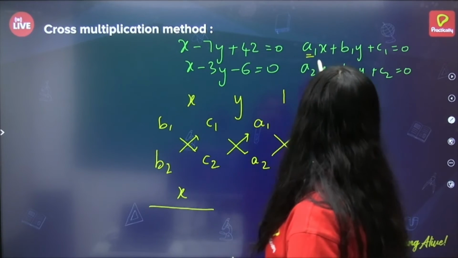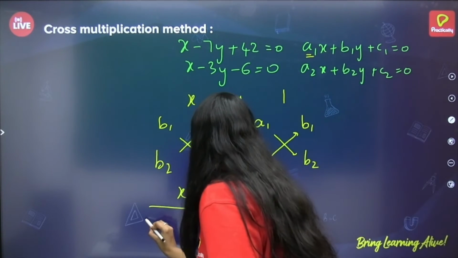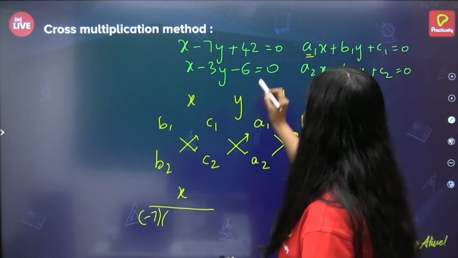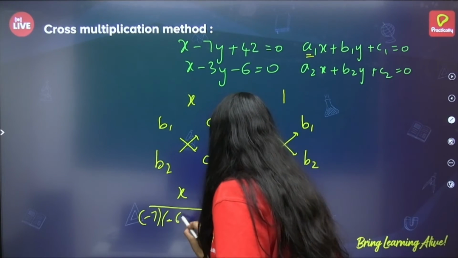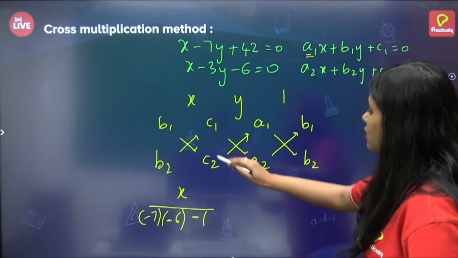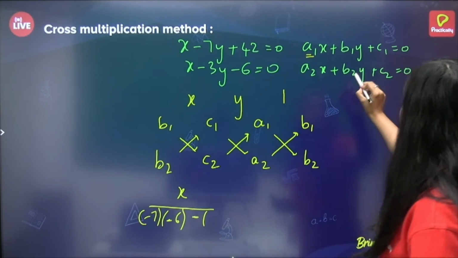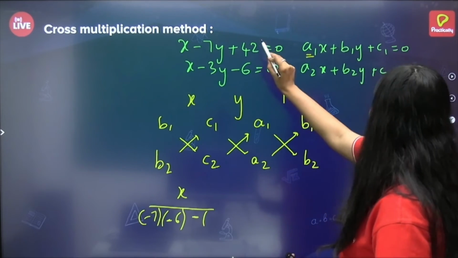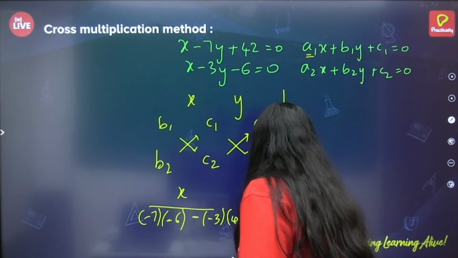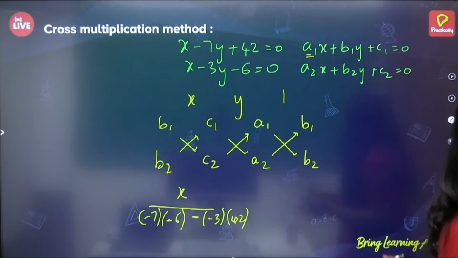Now, x by b1 c2 minus b2 c1. So, what is b1 here? Minus 7. Minus 7 into b1 c2. What is c2? Minus 6. Minus b2 c1. b2 is minus 3, c1 is 42, minus 3 into 42. Alright. Did you understand?